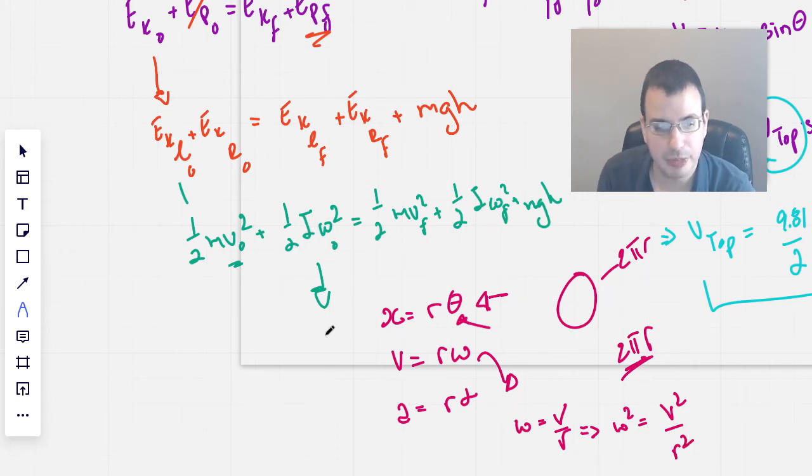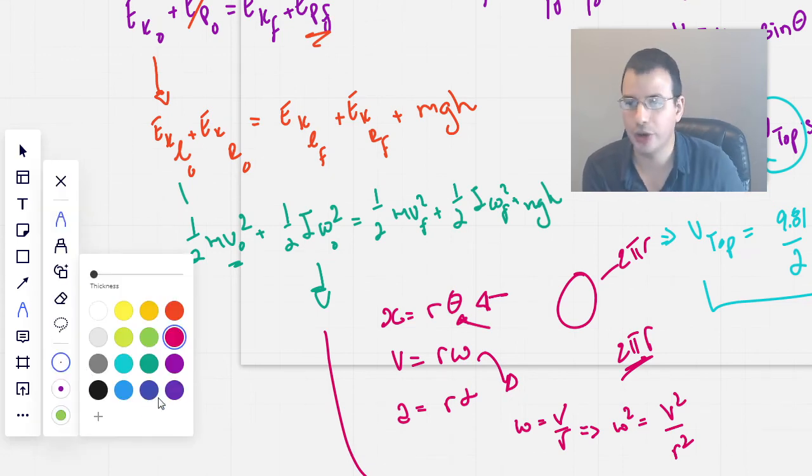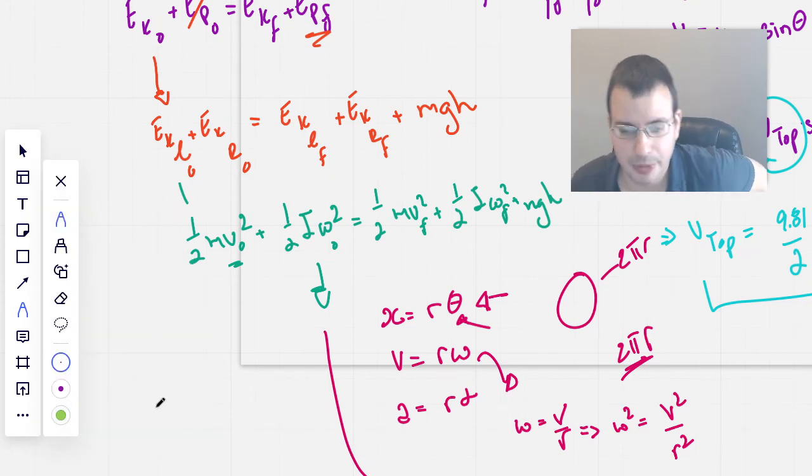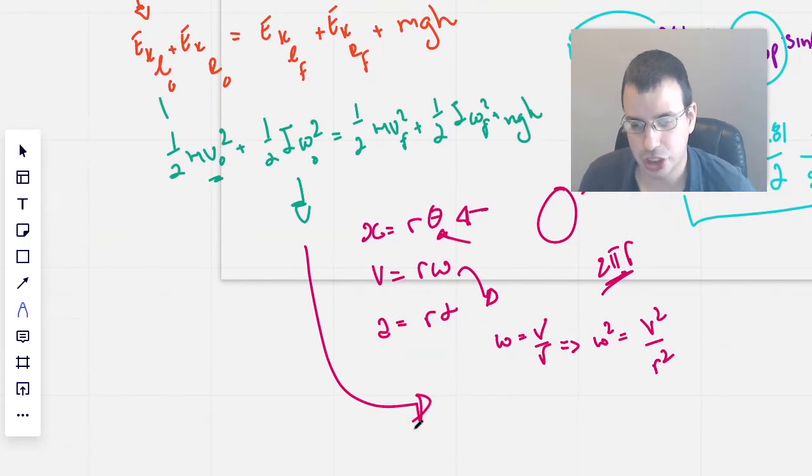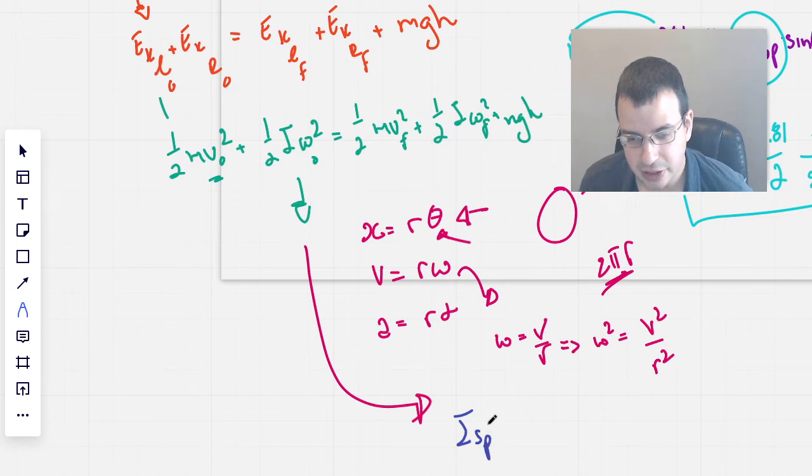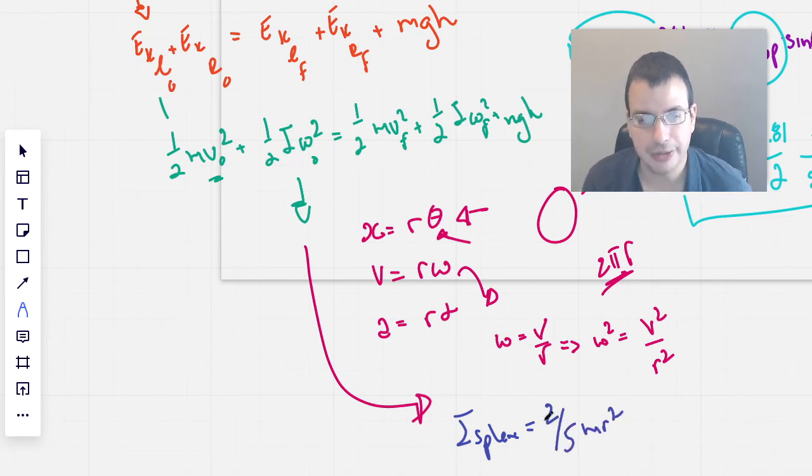Now we go on and look at the moment of inertia. There are certain shapes you just know, and you can also look them up. Wikipedia has a good list of moments of inertia. For a sphere, the moment of inertia, which is based on the geometry of the shape, is 2/5 m r squared.